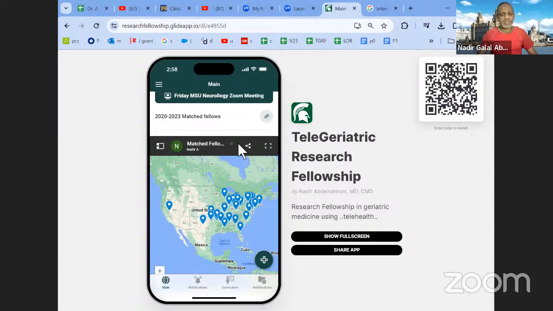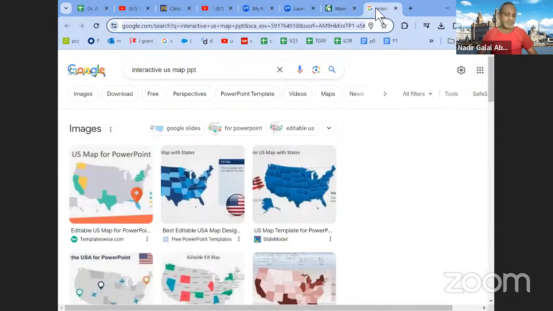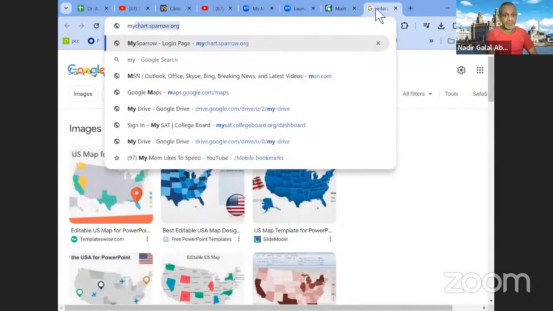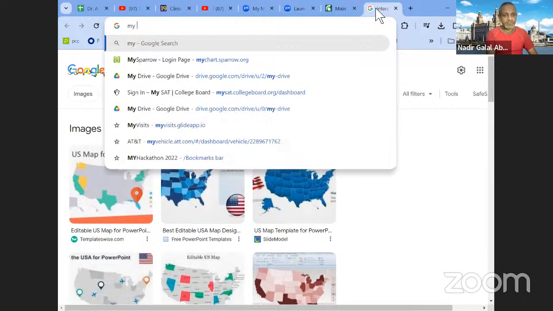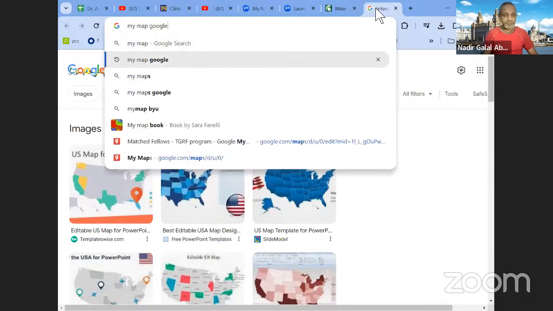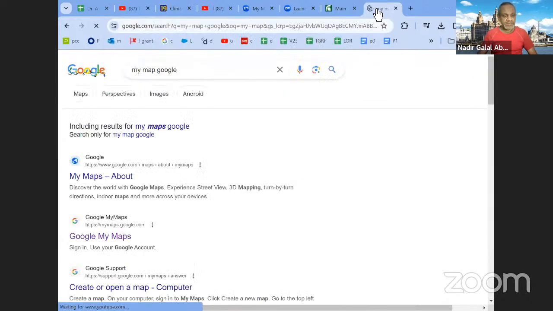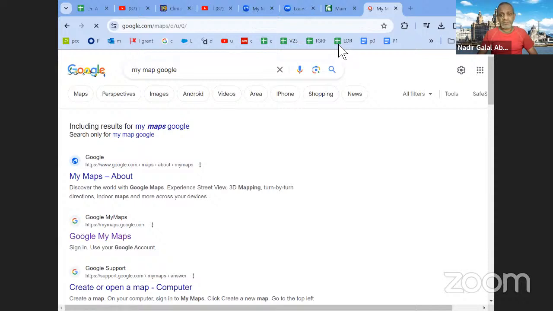Basically, you upload the data. So the website is called mymaps.google.com.